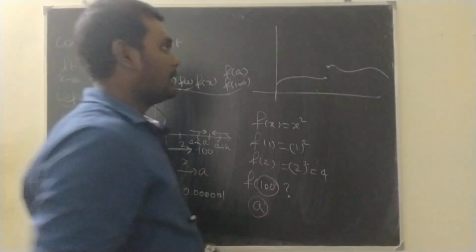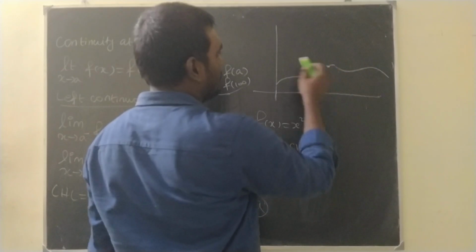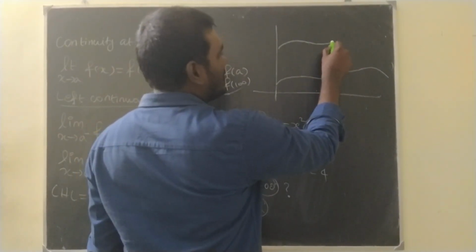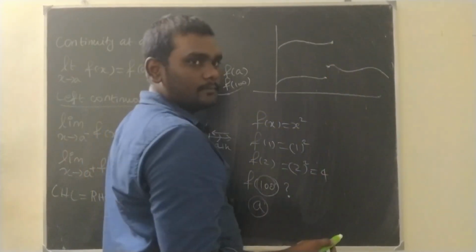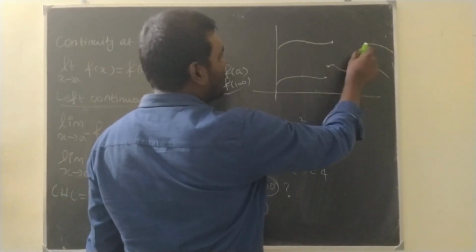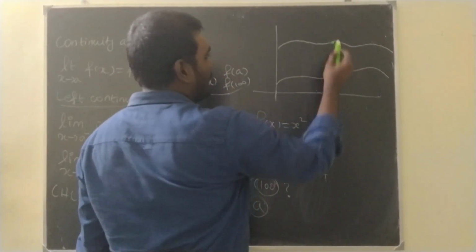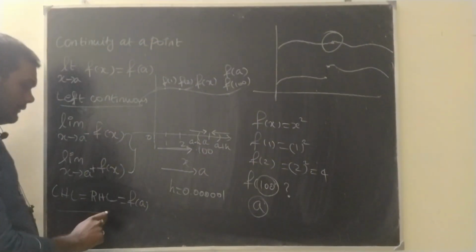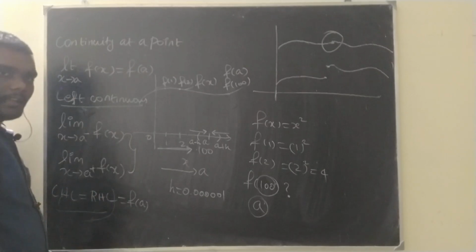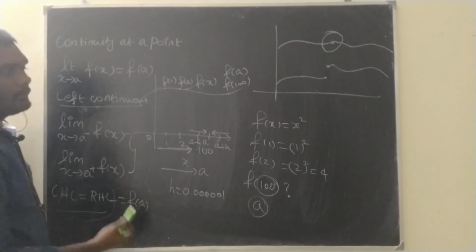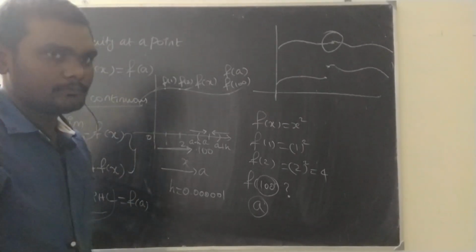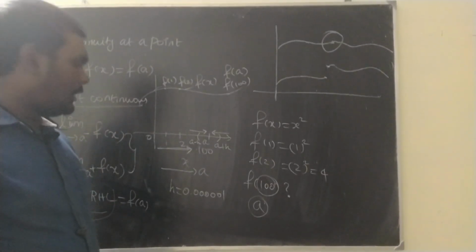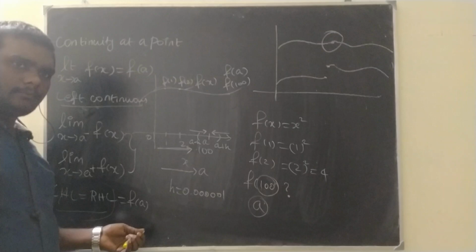Then only we can say continuous. In this case, it is not continuous. In the other case, from the left side we are approaching, it reaches one point like this. From the right side we are approaching, it reaches the same point. In this case only, left hand limit is equal to right hand limit, and that is equal to f of a. Clear? That's all.